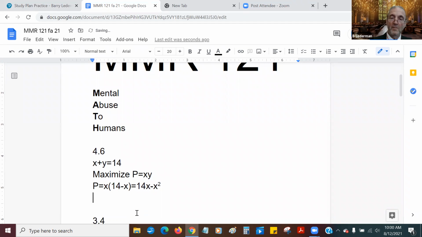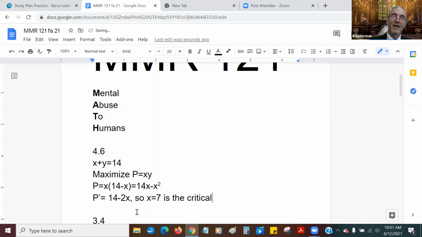And P prime equals 14 minus 2x. Again, I'm just taking the derivative, which means x equals 7 is the critical number.